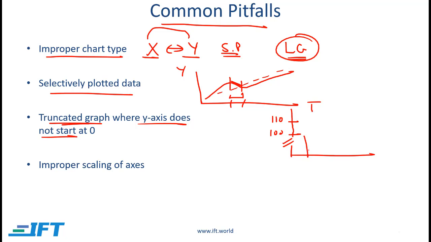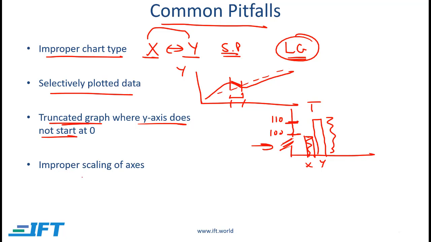Now, if we have a comparison of 2 variables and our comparison looks like this, it appears that this height is twice as much as this. So let's say this variable y appears to be 2 times bigger than x. But that would be misleading because we have a truncated y-axis. The point here is that we need to carefully look at whether the axis is truncated or not, and also look at the numbers, especially when we have a truncated y-axis.